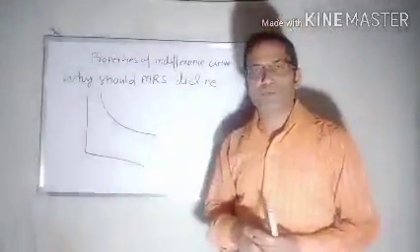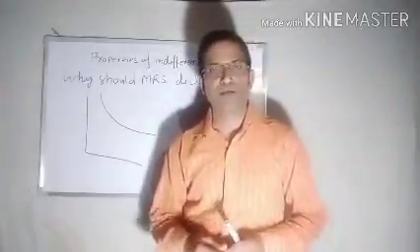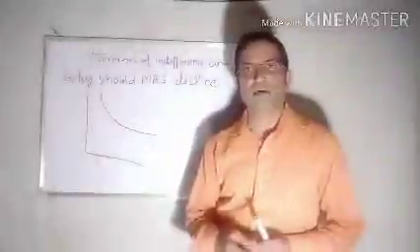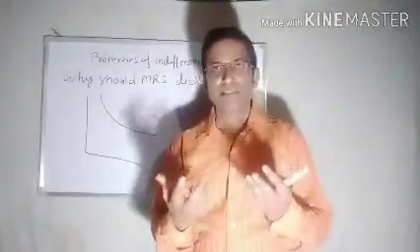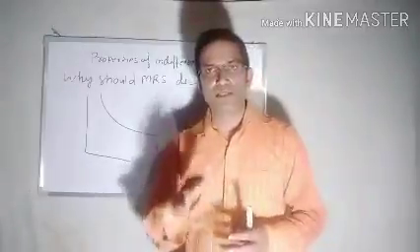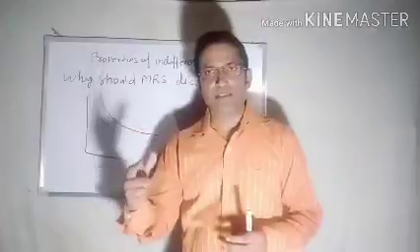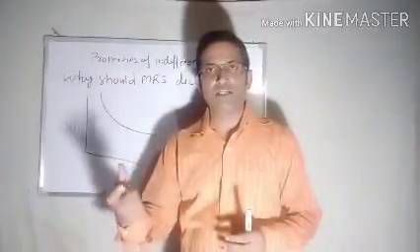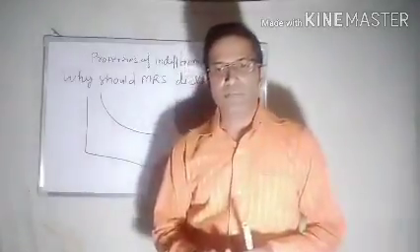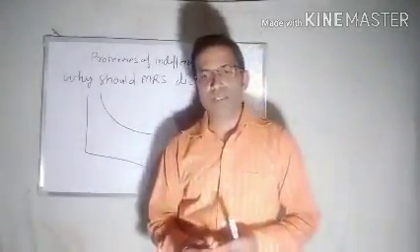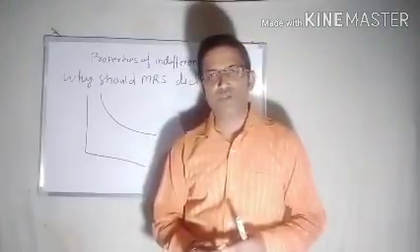The more of good X he is buying and consuming, the intensity of desire for that product declines. The utility he derives from that product declines one by one as he increases the products, implying that the marginal utility of good X tends to fall in accordance with the law of diminishing marginal utility.